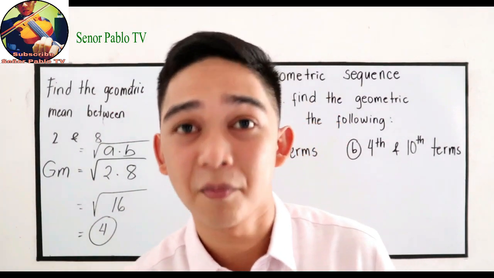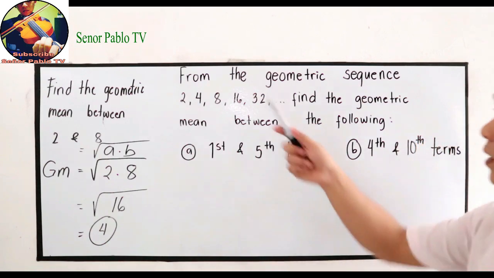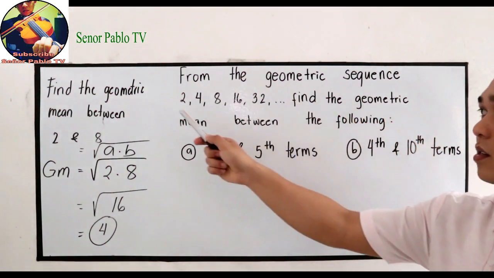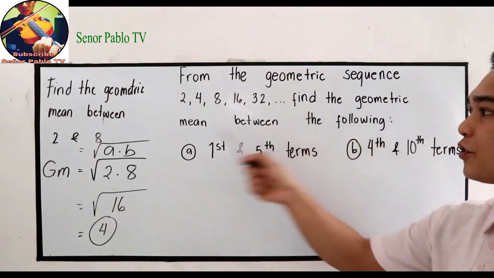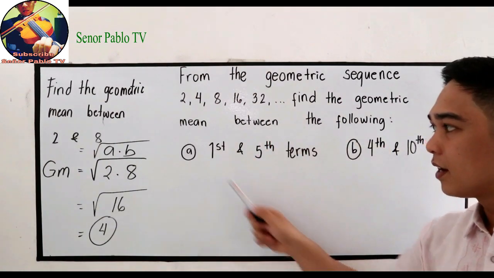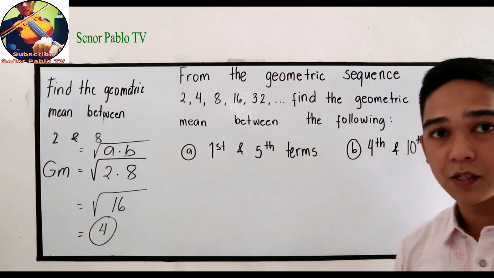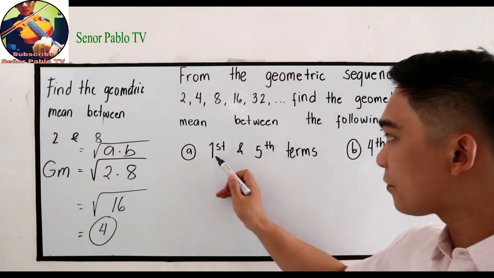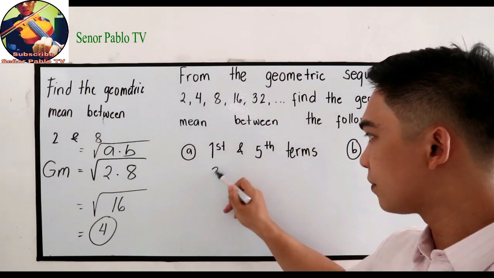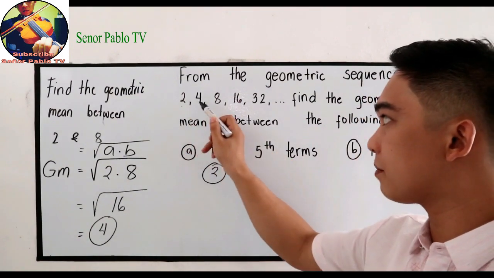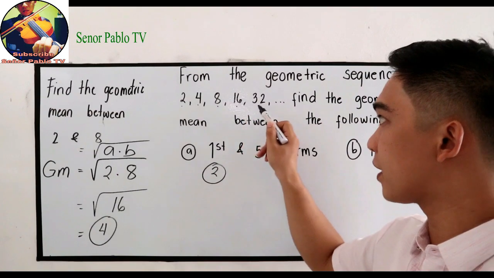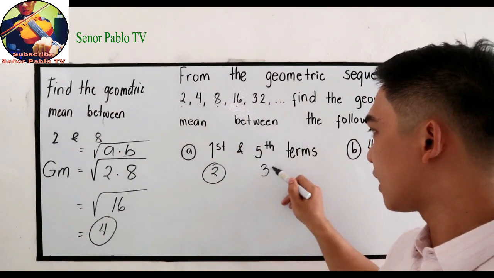Try natin other examples. From the geometric sequence 2, 4, 8, 16, and 32, find the geometric mean between the following first and fifth terms. So, nasan ba si first term? Yan ay 2. At si fifth term, first term, second term, third term, fourth term, and fifth term, 32.